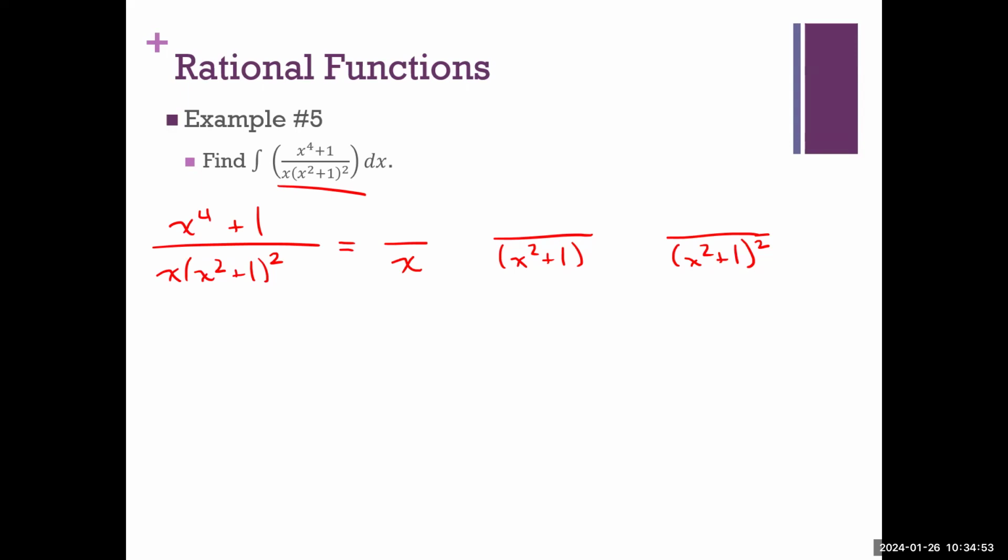So because we don't know what they are, we have to account for all the things that could be. So what are all the factors of x times x squared plus 1 squared? They are simply the x and x squared plus 1, but also x squared plus 1 squared.